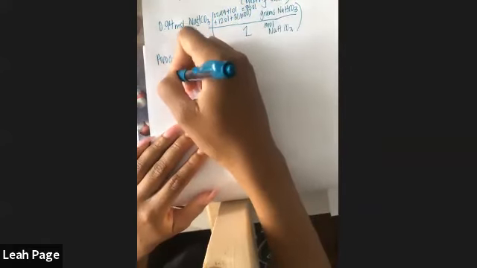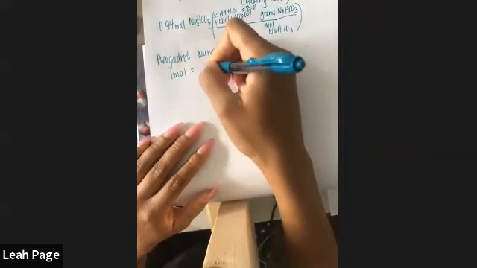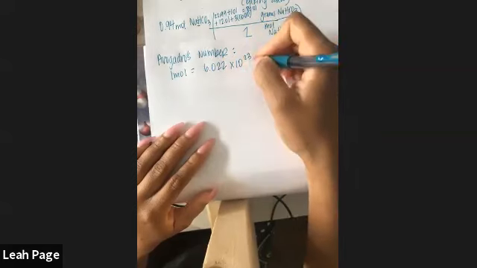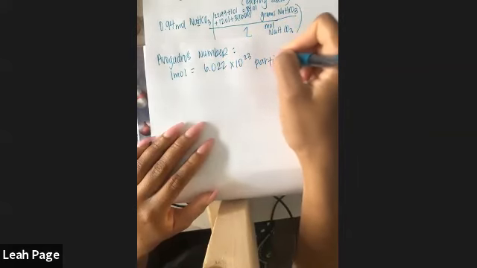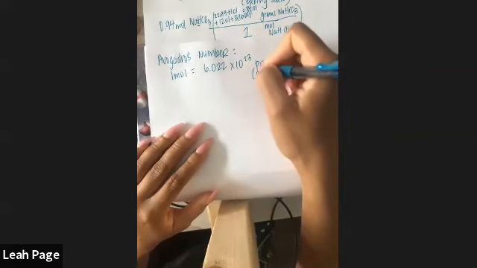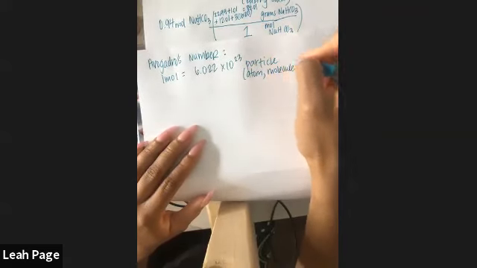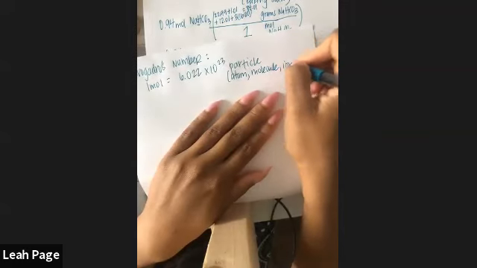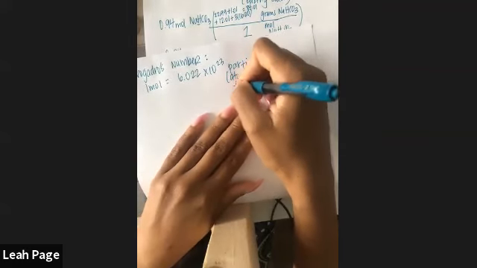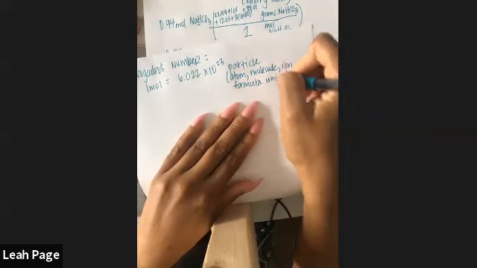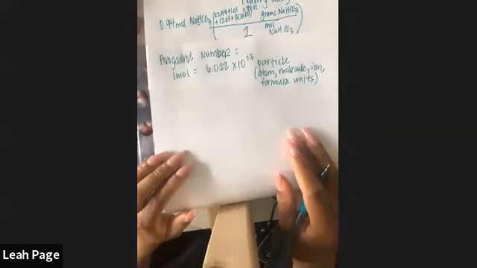It says I can use 1 mole equals 6.022 times 10 to the power of 23, and that's a particle. And a particle is either going to be an atom, a molecule, ion, and I'll even say formula units. These are all the different types of particles.